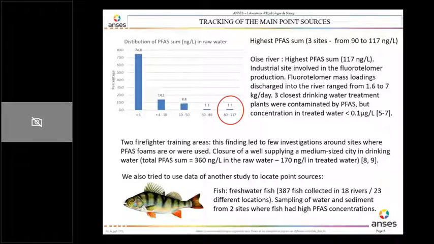For instance, high PFAS concentrations were observed in fish collected from a Rhone tributary close to the fluoropolymer manufacturing facility, and we think they were contaminated during stays in the Rhone River.